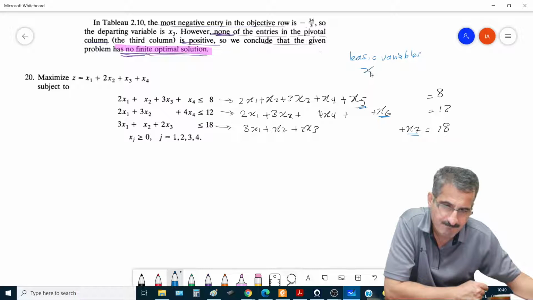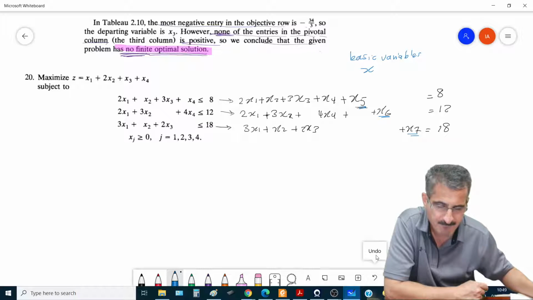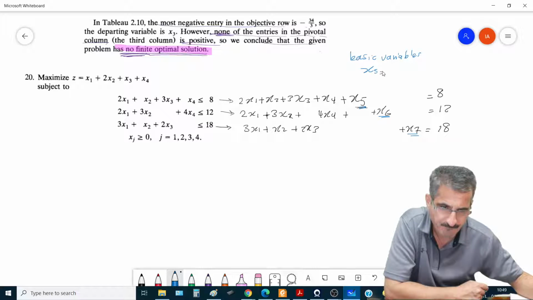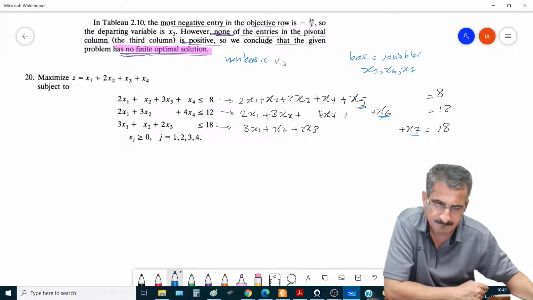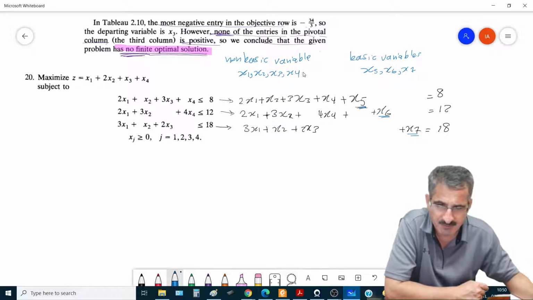The non-basic variables are x1, x2, x3, x4, and we set any one of these equal to 0.